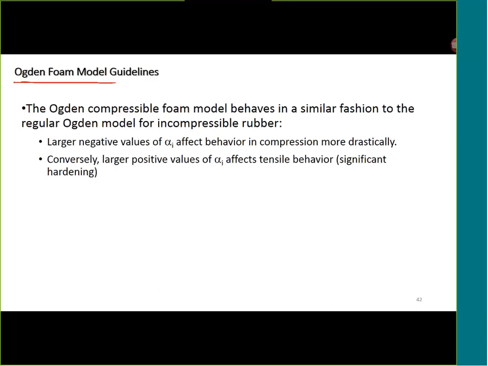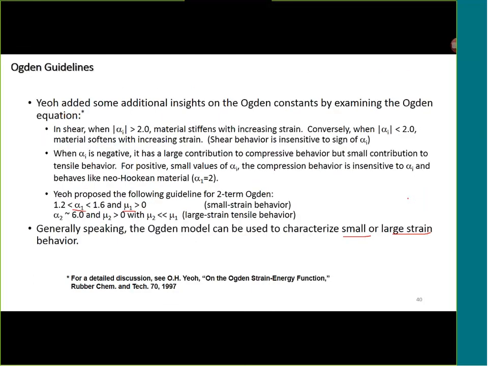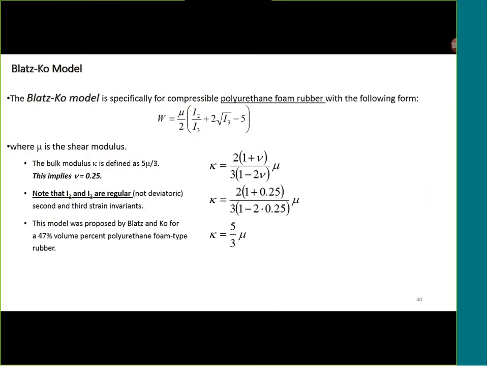Typically the alpha value becomes large negative so that the compression effects will be captured very accurately, depending on how drastically this alpha value changes. If it is negative, it will adversely affect the compression range. In the compression range you will see a drastic difference as you change the alpha in the negative range. When you change the alpha in the positive range, you will see the drastic change in the tension region. These are all the guidelines.